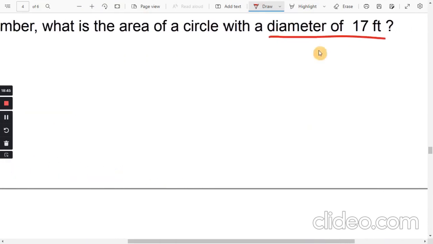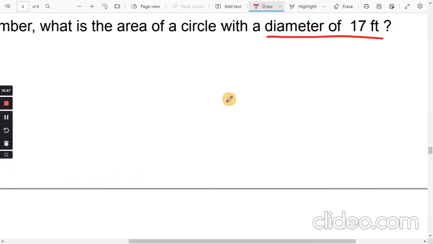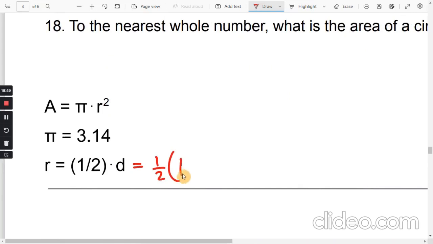We said the diameter was 17. All right, 1/2 of 17. And that's just 17 divided by 2, which is actually 8.5. You can write 17 halves, but that's going to be a little bit more difficult to square.